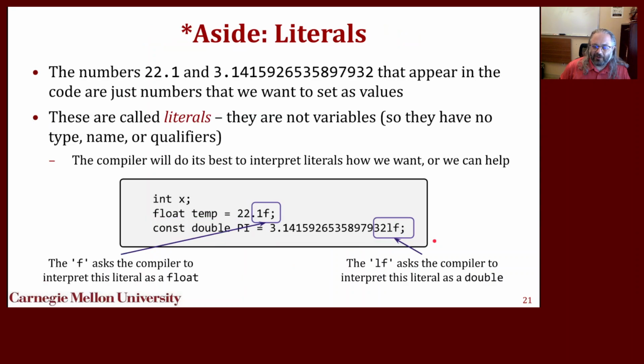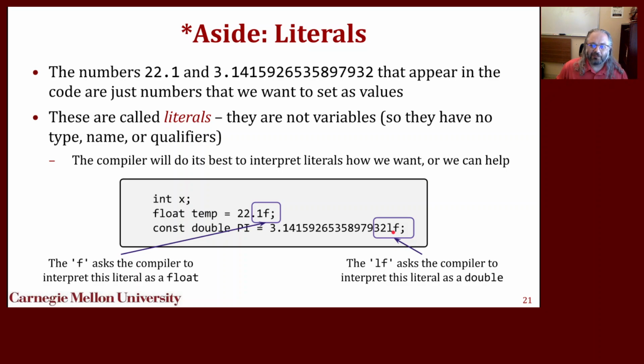Now we can help if we want to by giving what are called literal type specifiers. I can tell the compiler interpret 22.1 as a floating point number by appending the f on the end of the number. I can tell it interpret this constant as a double value by giving it the long float or lowercase lf literal type specifier.